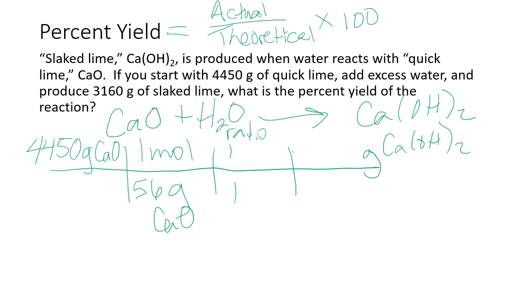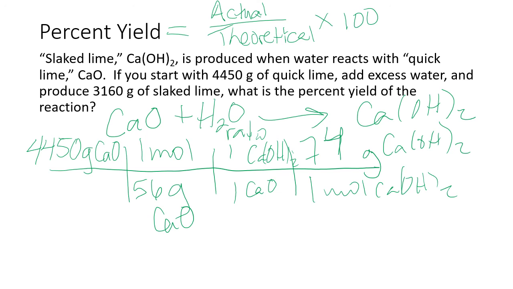It's a 1 to 1 for my CaO to my Ca(OH)2, so for every 1 mole of Ca(OH)2, that's 40 plus 32 plus 2. So 32 plus 2 is 34, so 40 plus 34 is 74. Okay. So moles of that cancel off, grams of that cancel off.